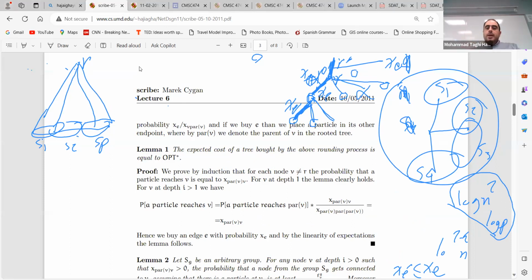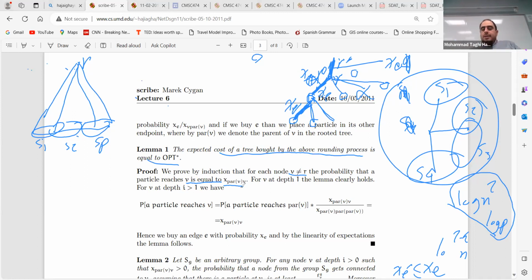The part which is easy is this one. The expected cost of the tree bought by the above process is at most the LP solution. Why? We can prove by induction that for each node V not equal to R, the probability that a particle reaches V is equal to X_E of this edge.